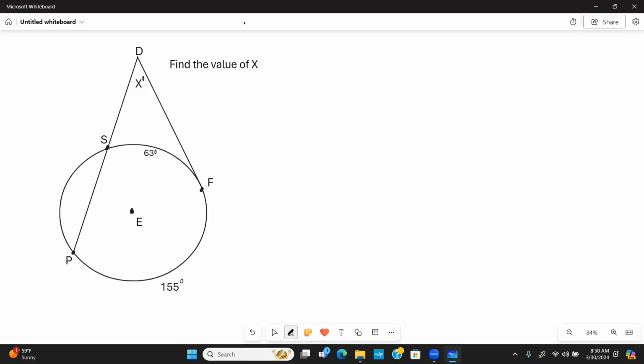What we want to do is to find the value of x, and x is the external angle in this case.